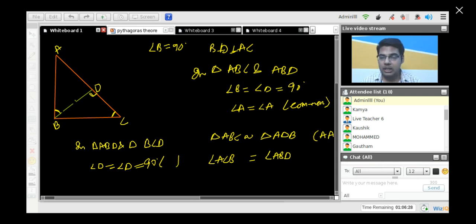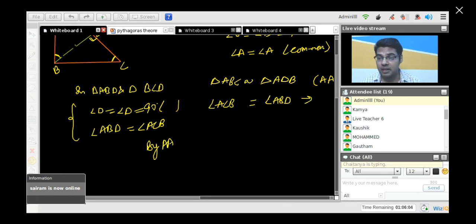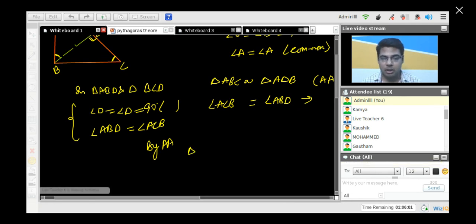Now what is the second angle that is equal? Here we have angle ABD, which we have just seen, is equal to angle ACB. Yes friends? Now please tell me, by these two statements, by AA criteria, which are the two triangles which are similar? Sequence is very important. If anyone has any doubt in the sequence, please ask, because these are the basics.